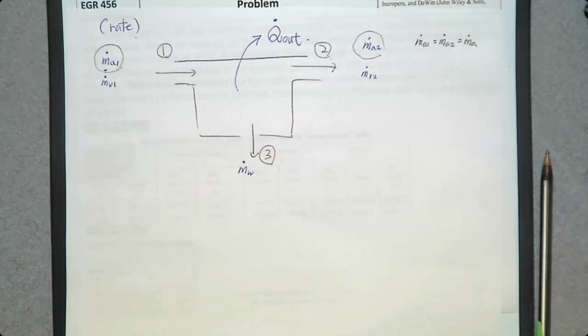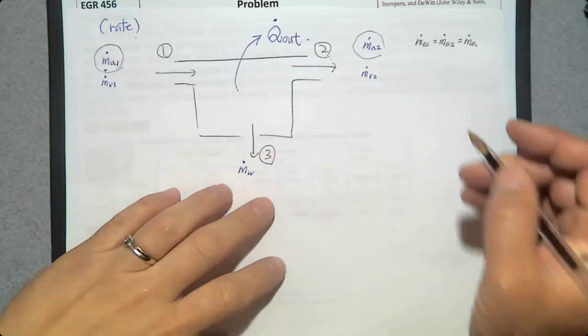What about water vapor? This much water is entering the system, and some of it is going to condense and then leave the chamber as liquid water at number 3, and the remaining water is going to leave at number 2. So this m dot of water at the inlet should be the same as the sum of m dot at number 3 and then number 2.